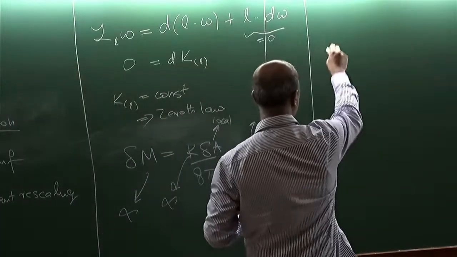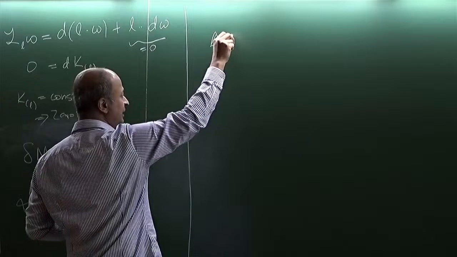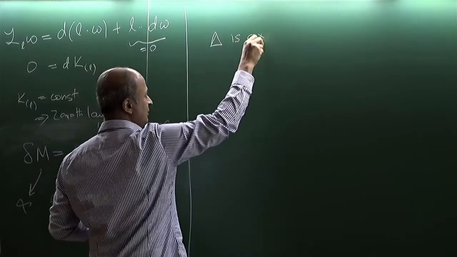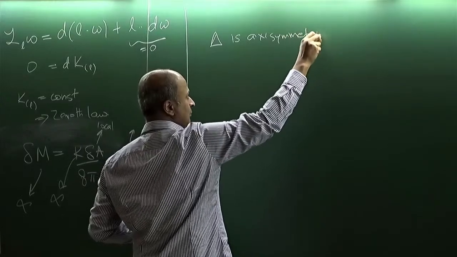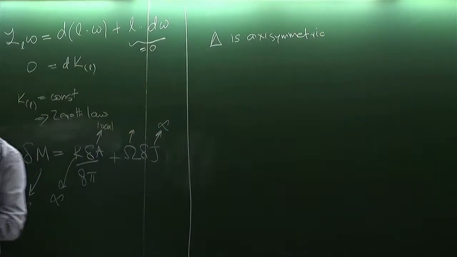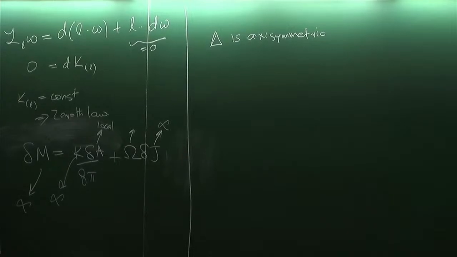So let us say that the weakly isolated horizon is axisymmetric. By that we mean that I have a symmetry vector field phi, such that at the horizon it's a Killing field of the degenerate metric Q on the horizon.